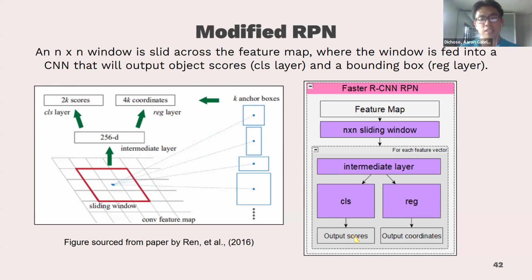That score says how likely it is that I can find a specific class inside that box. So it's a scoring of the likelihood of the different labels that can be found inside that box. And then this reg layer just tells you the coordinates of that specific object being found inside that box.